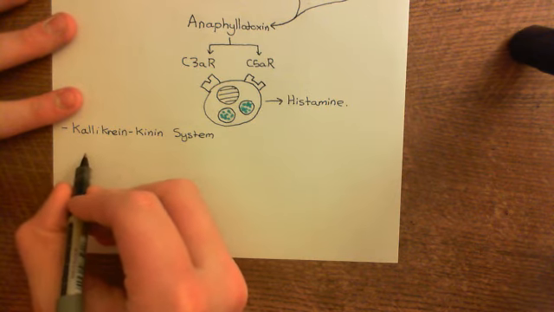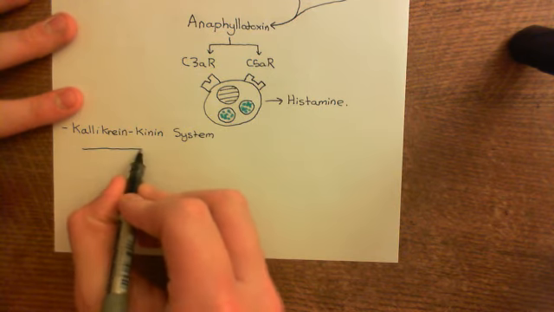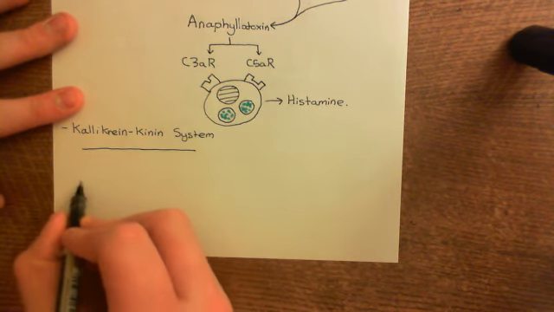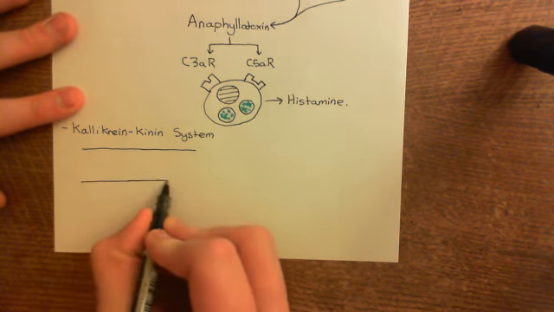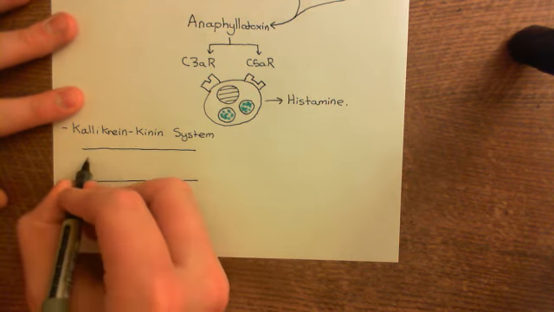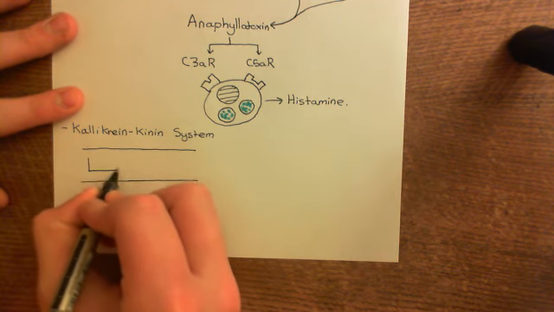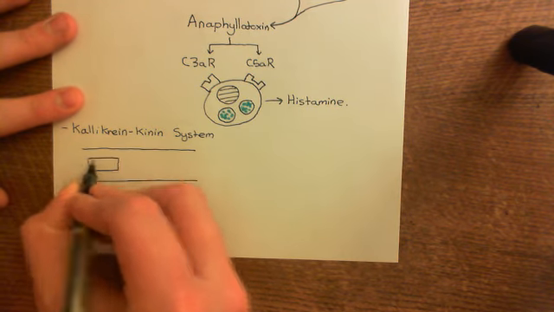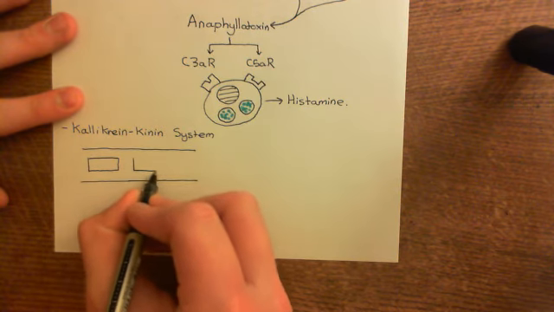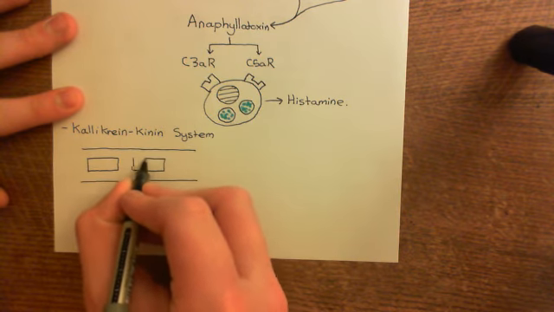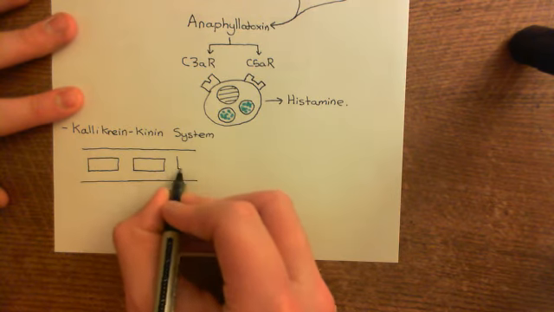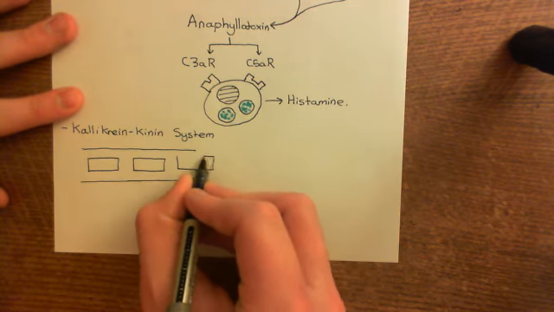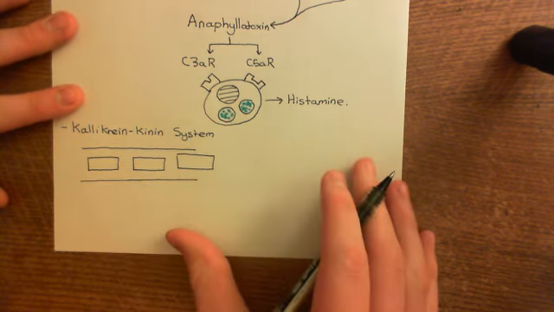Okay, so let's have a little picture. So, in the blood, there are 3 proteins that are involved in the kallikrein-kinin system. Okay, and these are going to come out of the blood into the interstitial fluid, and the kallikrein-kinin system will activate, and you'll end up producing bradykinin and kallidin.